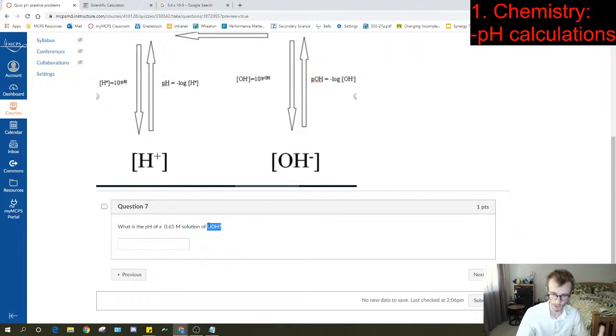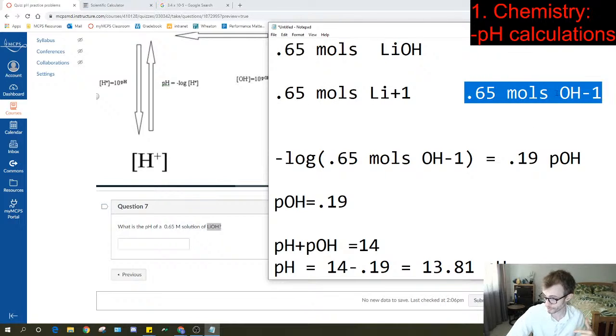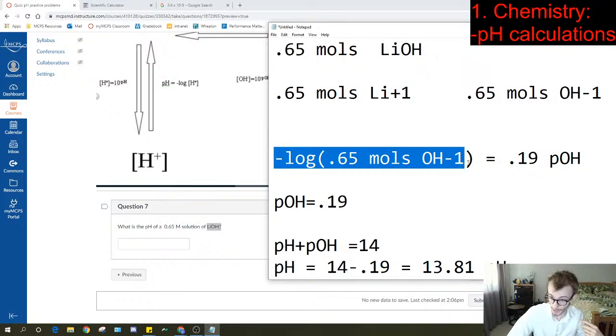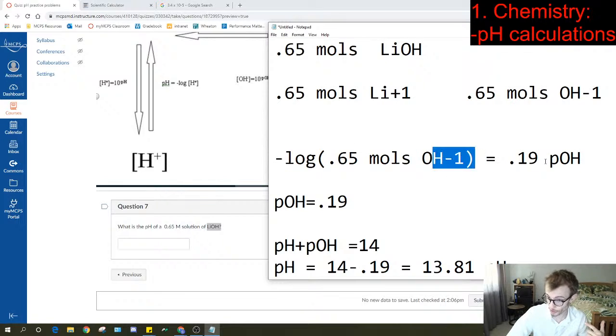So everything works out. We took a chemical that we knew was a base, with some known number of moles divided into some volume, and then we realized that when this splits apart, I'm going to get the same number of moles of just the part that I care about. So this dissociates, and then I can use my log function to get the pOH, going from the OH concentration to the pOH.